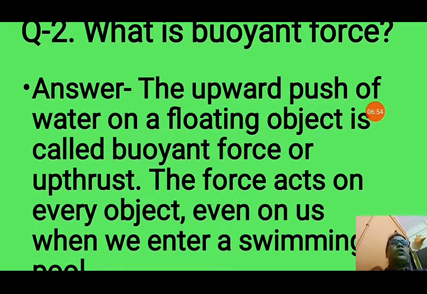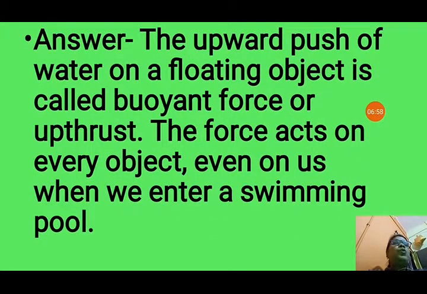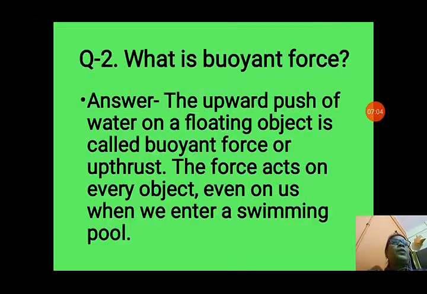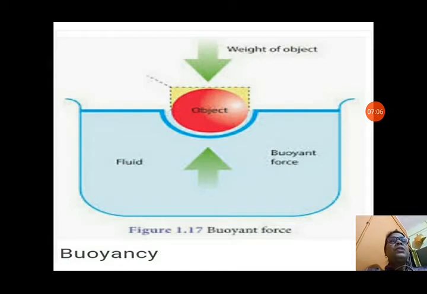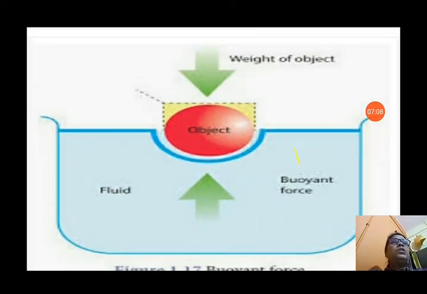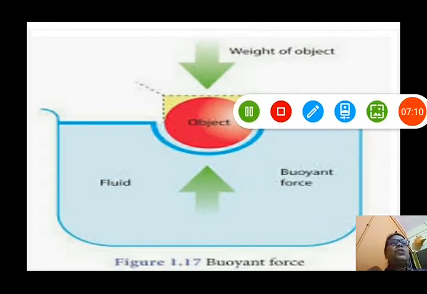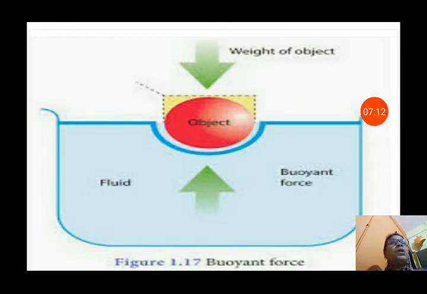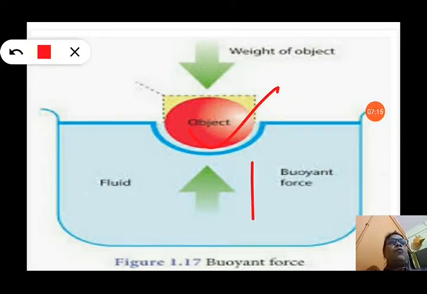The force acts on every object, even on us. When we enter a swimming pool, the upthrust acts on us and we can swim on the water. Now next, you can see the picture also here. The object is there in this water, and the upward force, the water pushes the object towards upside.